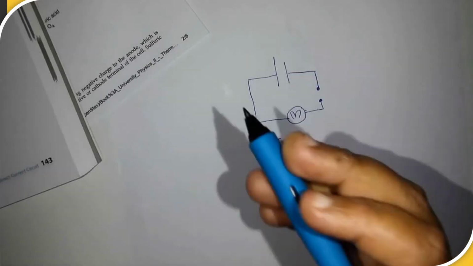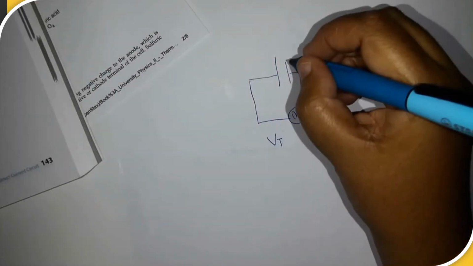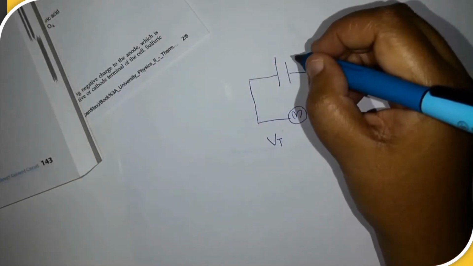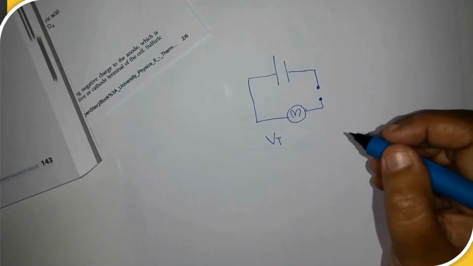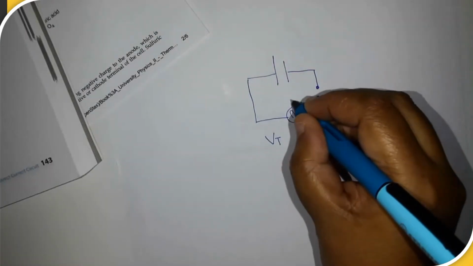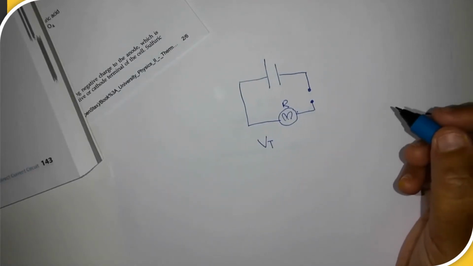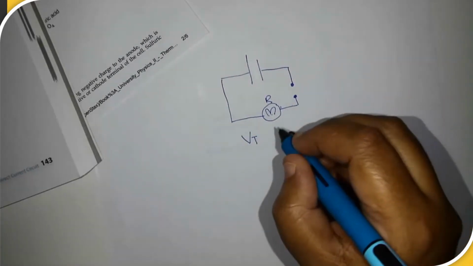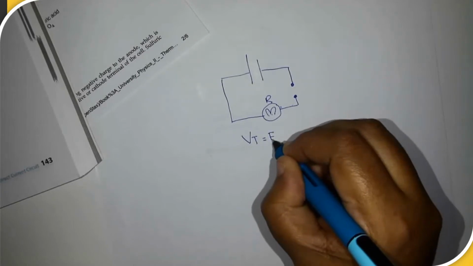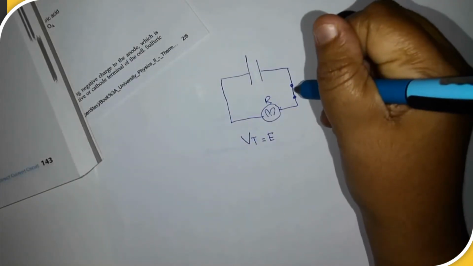If a battery has no internal resistance and supplies a current to an external resistor, in this case the lamp which has resistance, then the terminal potential difference is equal to the electromotive force if the circuit is closed.